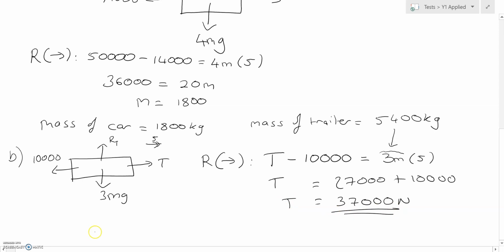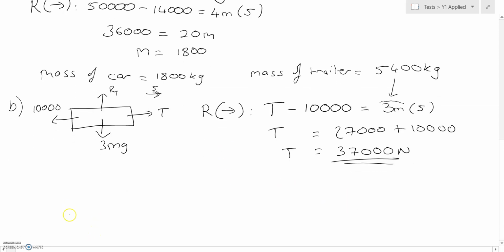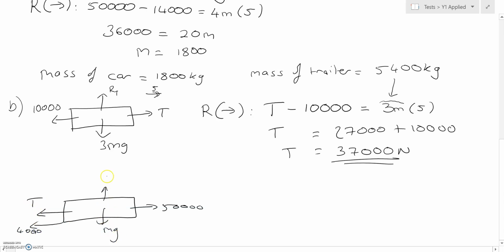And as I said, it doesn't really matter whether you look at the lorry or the trailer. So I'll quickly just do the lorry. The lorry had a forward force of 50,000 newtons, a backward force of tension, and 4,000 resistance. Weight of mg, and a reaction on the lorry.